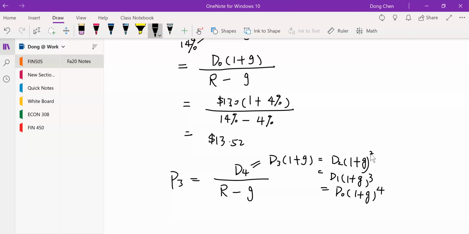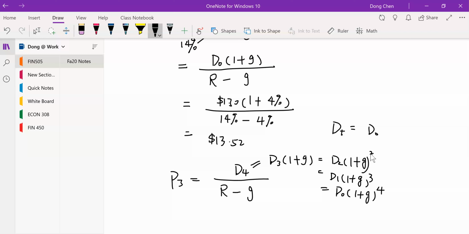So just observing this power and the number here, you can see that for any dividend, we can use this formula to get the value, right?